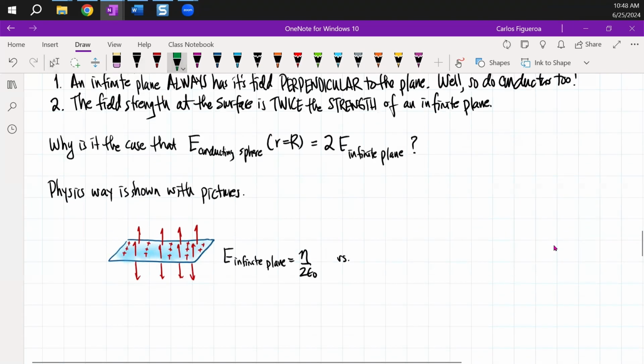So if I look at this guy, all of the charges are on this side. They're going to produce a field that looks like this here.